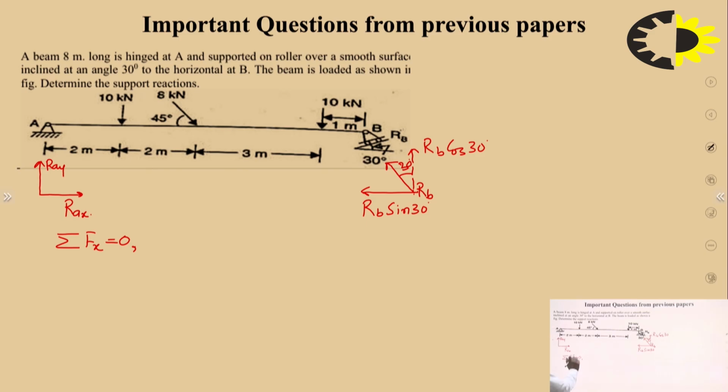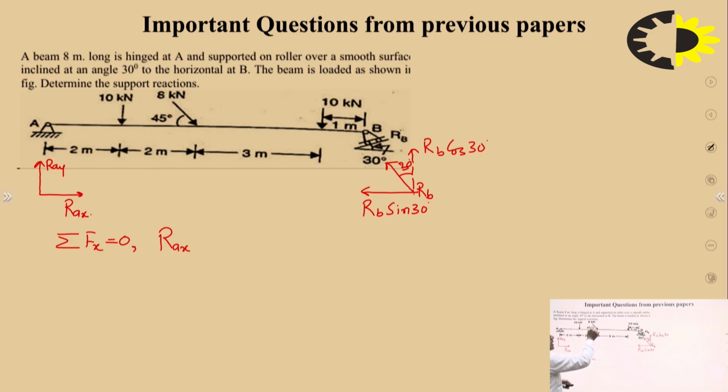The algebraic sum of all the forces in the x direction. Now I am starting my equation from the left side. Here the force is RAX, which I will take as positive because it is in the plus x direction. Then 10 kilonewton is in the y direction, no issue at all.